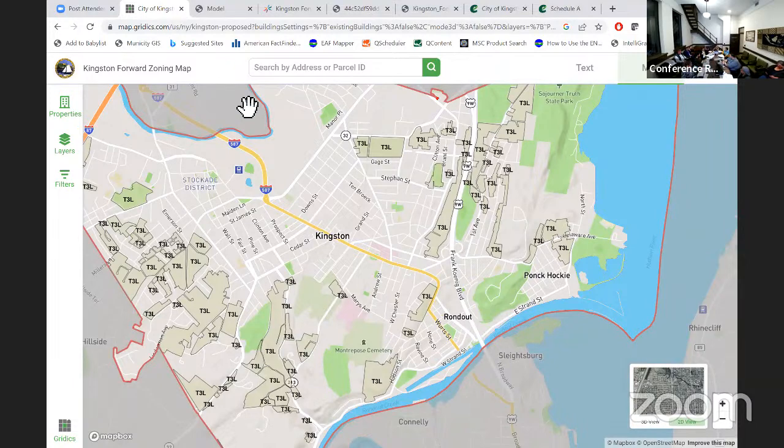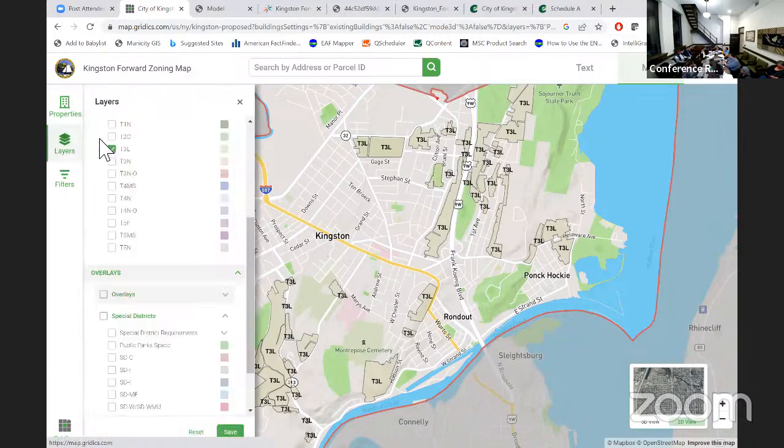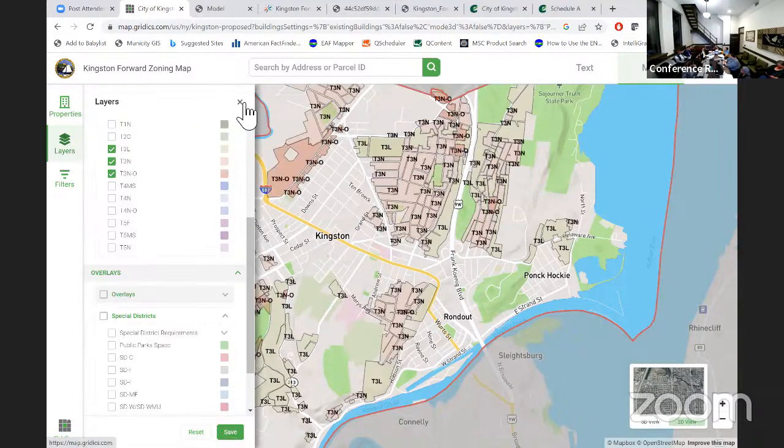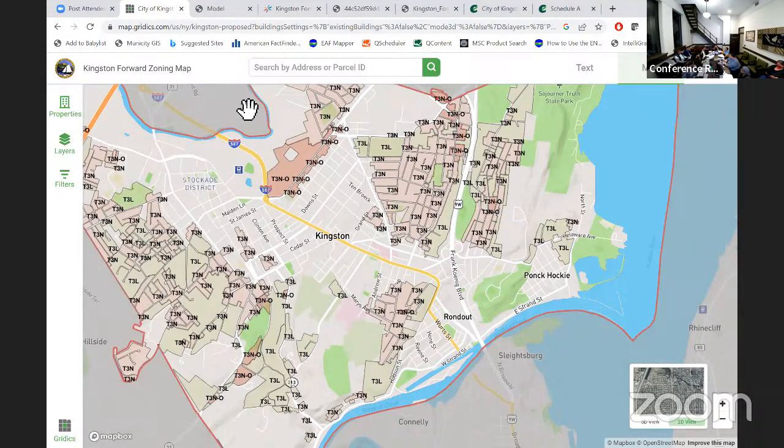I was looking on here, there's one of the zones, I think it was a T3 zone, that said if you did an accessory dwelling, you could be within 5 feet of your neighbor's property line. Well, a lot of these people who live in these neighborhoods, none of the houses are on top of each other. But now you're allowing much more square footage of a lot to be used.